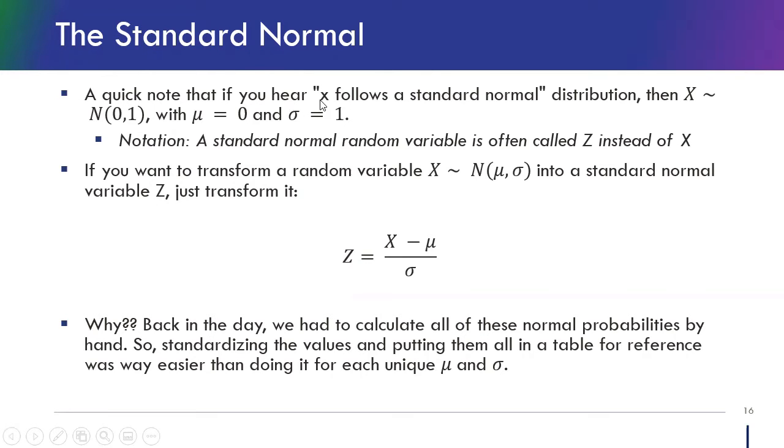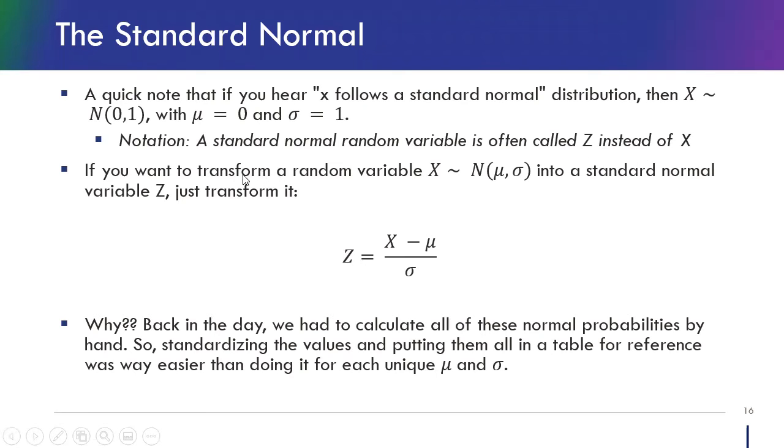Well, sometimes you hear people say X follows a standard normal distribution, without telling you what the mean and standard deviation are. By definition, a standard normal is X following a normal with mean 0 and standard deviation being 1. Most often it's called Z when we refer to a standard normal distributed variable.